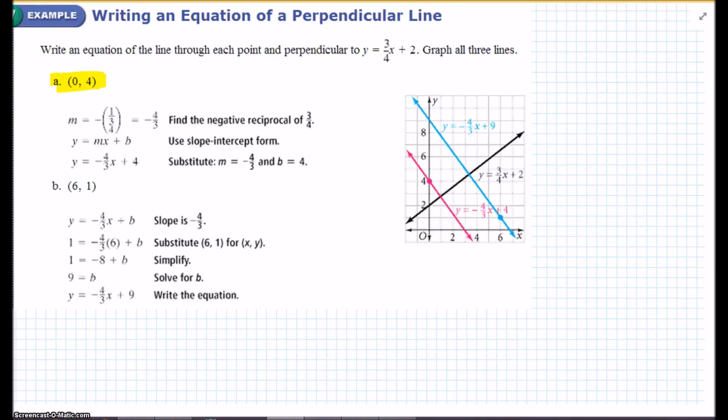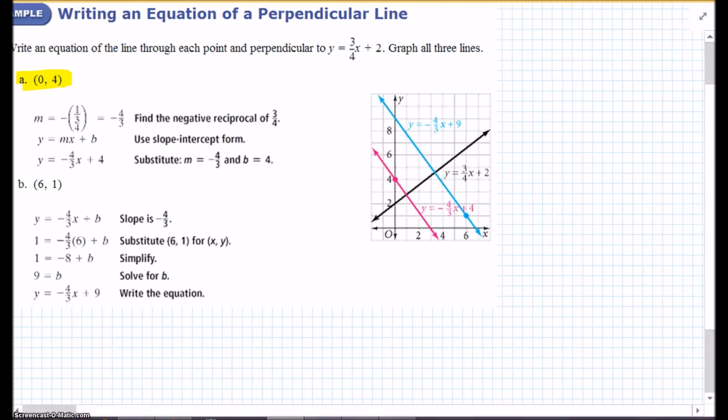Example 7, write an equation of a perpendicular line. So the question says, write an equation of a line through each point that is perpendicular to y equals 3/4 x plus 2. So we know the line we have to write is perpendicular to y equals 3/4 x plus 2.